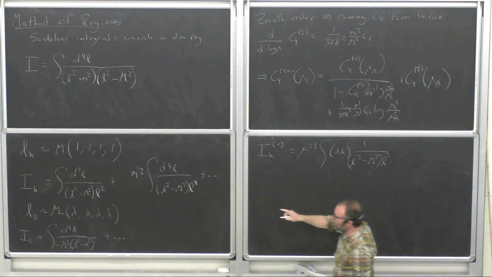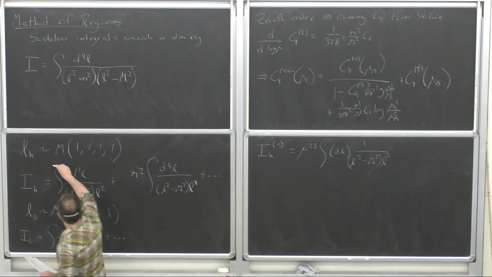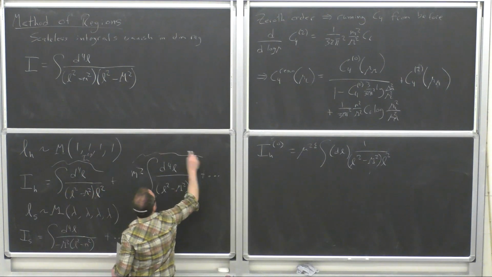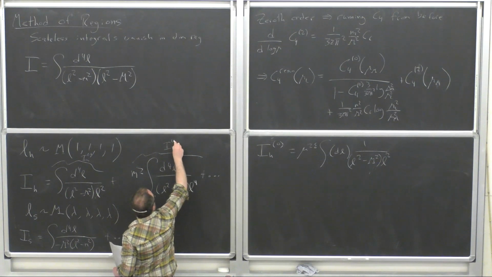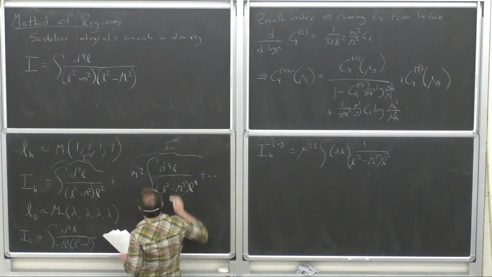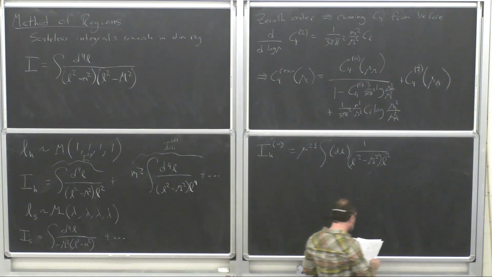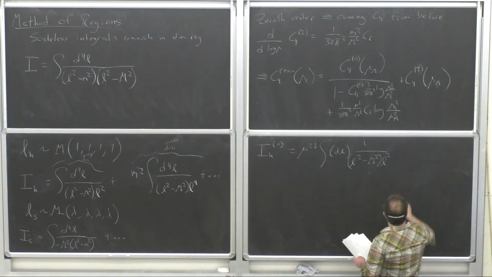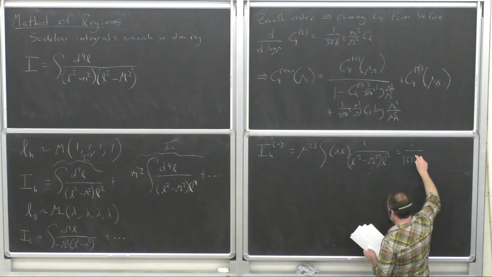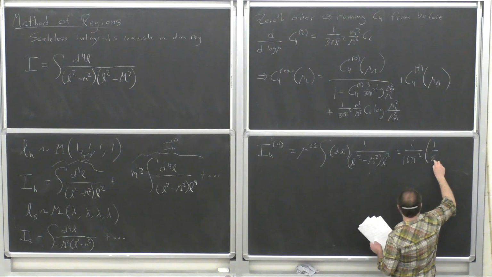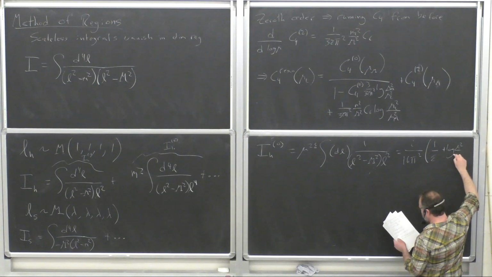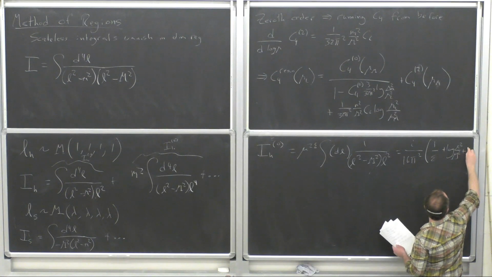Okay, so I'm calling this, right? This is I_H0. This one is I_H2. And this evaluates to i over 16 pi squared, 1 over epsilon plus log mu squared over capital M squared plus 1.